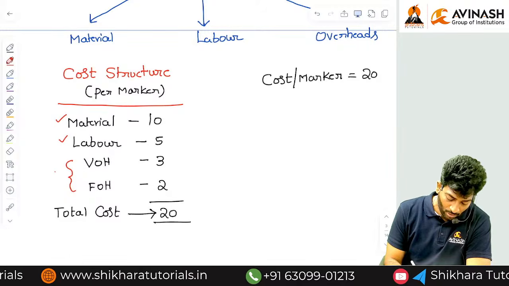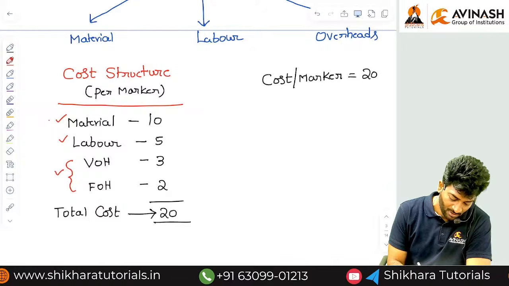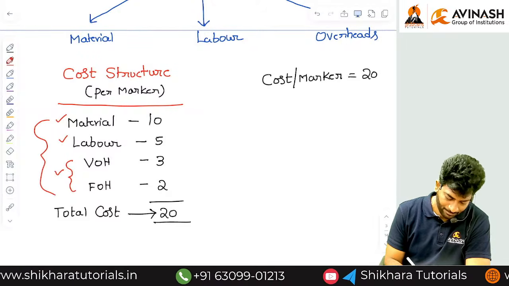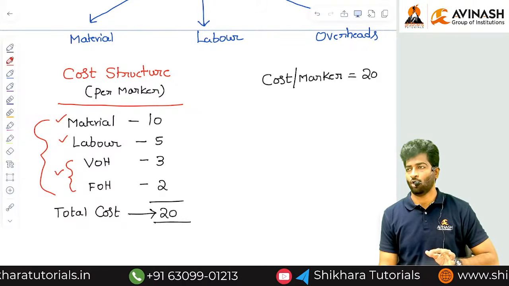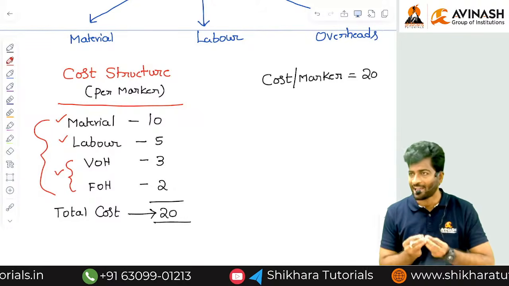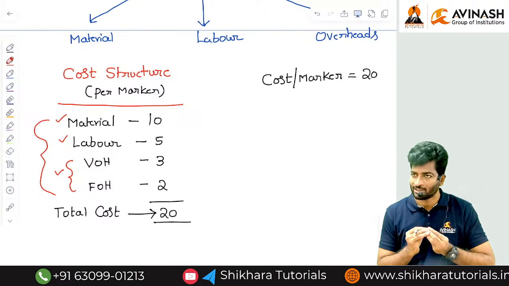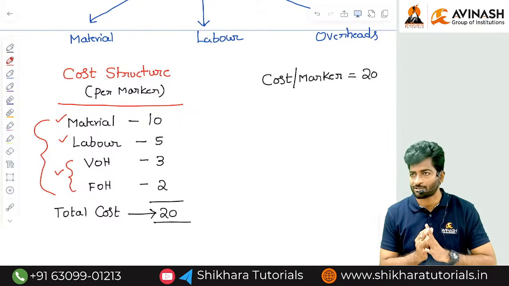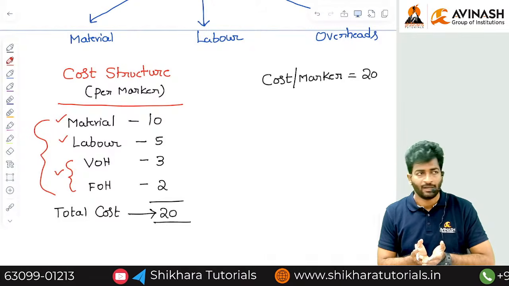So these are the elements of cost. Clear? Material, labor, overhead. In my total cost, these are the components. You should know the terminology first. Without knowing the terminology, passing CMA inter is fine, but remember, you should know what cost structure is at least. Am I correct or not?